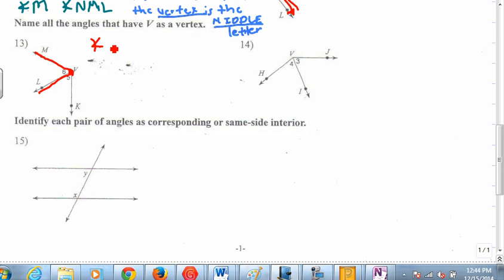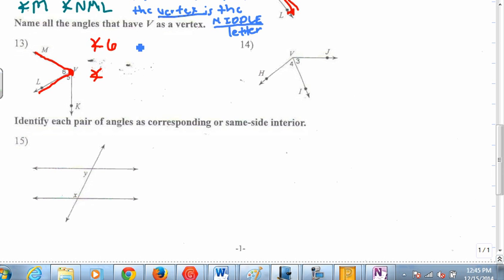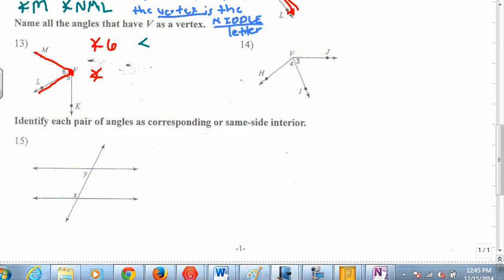What else could we name it? Angle 6. Angle LVM or angle 6. I'm going to start with angle 6. Now I am going to go ahead and put in the other names just to show you. So we said it could be angle MVL or angle LVM.